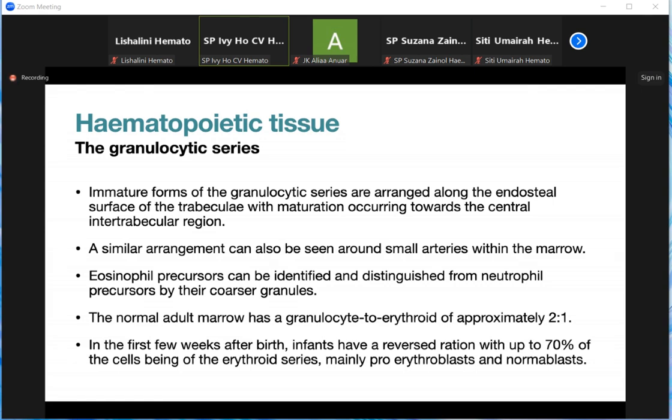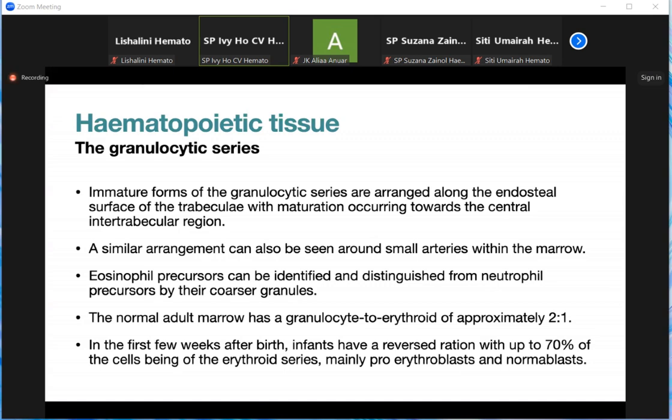And the normal adult marrow has a ratio of granulocyte to erythroid of about 2:1. But remember the normal variation throughout different stages of our life I mentioned earlier.